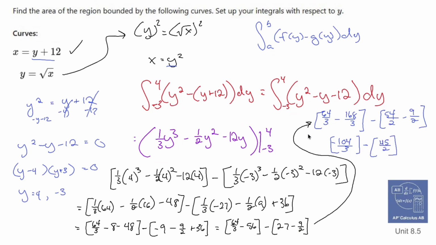All right, so let's make this over 6, and then we're almost home. If I multiply the top and the bottom by 2, I get negative 208 over 6. Minus, if I multiply the top and the bottom by 3, 135 over 6.